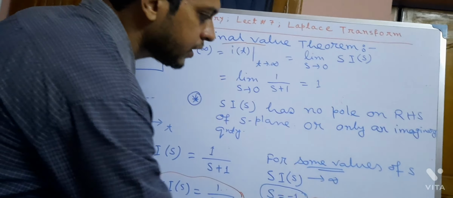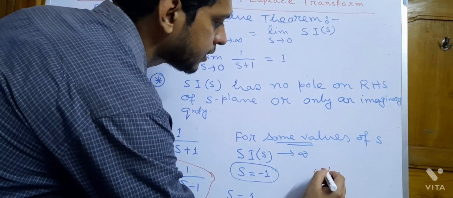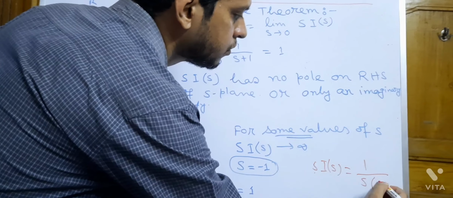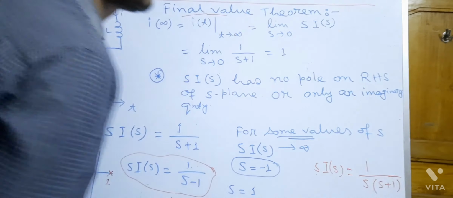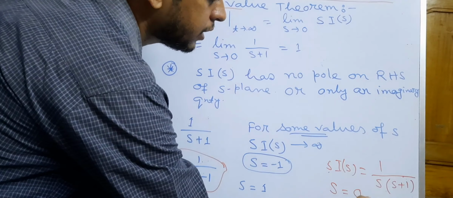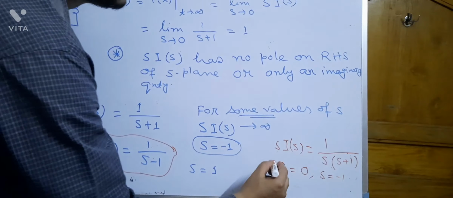Or if sI(s) equal to say 1 by s into s plus 1, now s equal to 0 and s equal to minus 1. These are two poles.